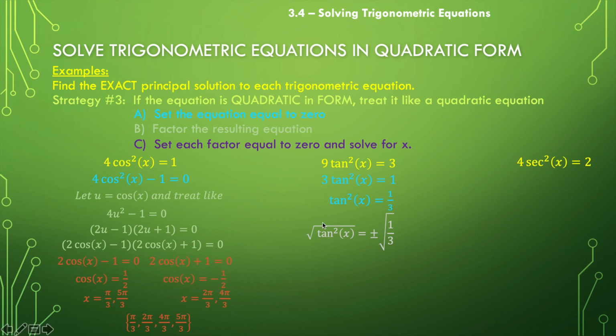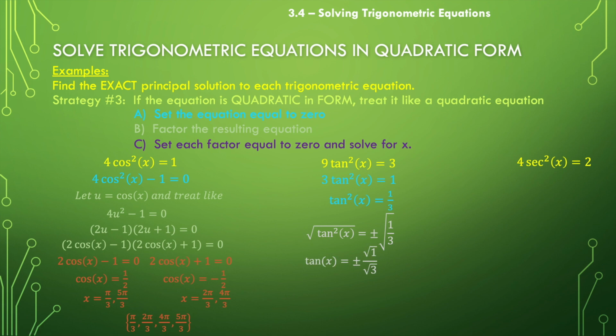Now the square root and this square are going to undo each other. They're inverse operators, so we would just say that the left-hand side is now just going to be the tangent of x. And then the right-hand side is going to be this radical, but we really want to think about it as the square root of 1 over the square root of 3, okay?